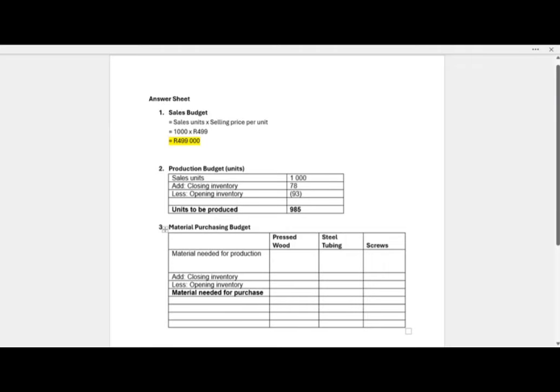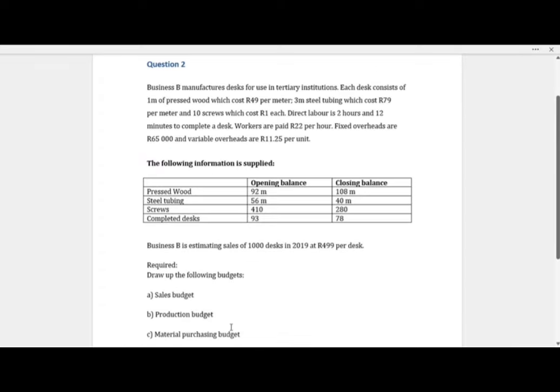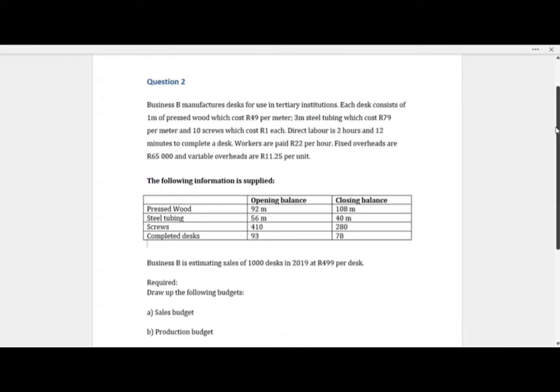So I'm going to open brackets there, which is where I'm going to do calculations for each material. If you check on our information there, they are saying each desk consists of 1 meter of pressed wood that costs 49 rand. But now I need the number of meters to produce 985 desks.